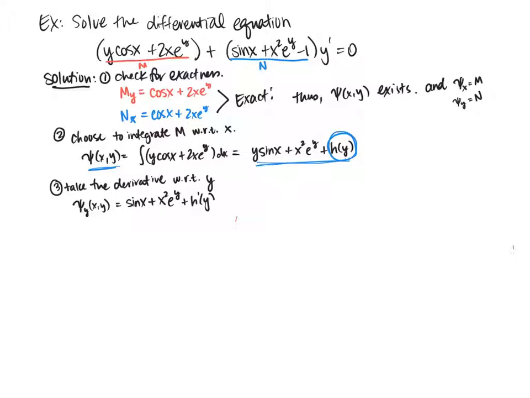But what is the partial derivative of psi with respect to y anyway? Well, that should be equal to my n of xy. Well, what is my n of xy? It's sine x plus x squared e to the y minus 1. So what does that tell me? That tells me that h prime of y needs to be equal to minus 1. So I know h prime of y is equal to minus 1.